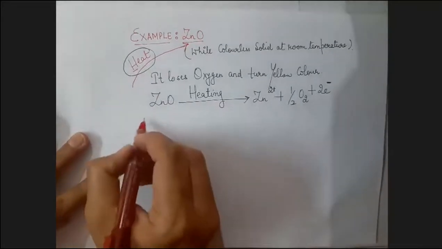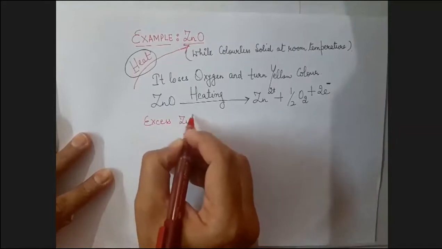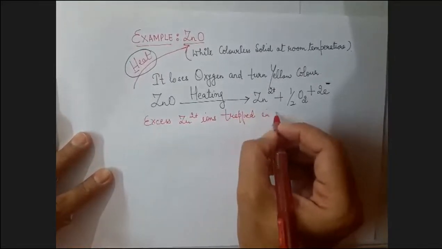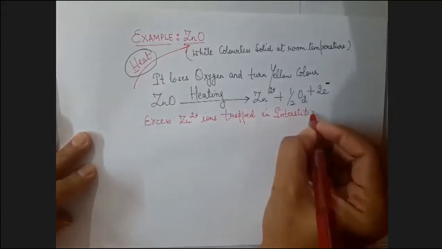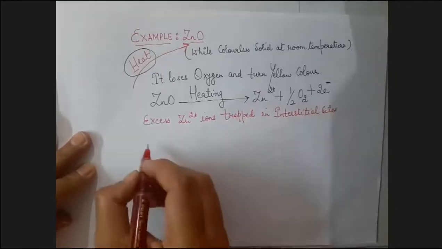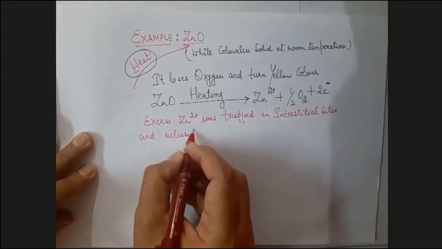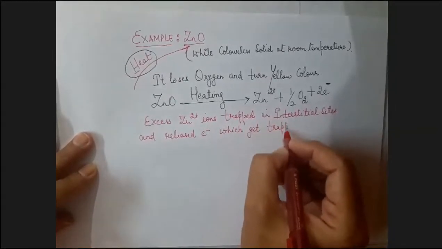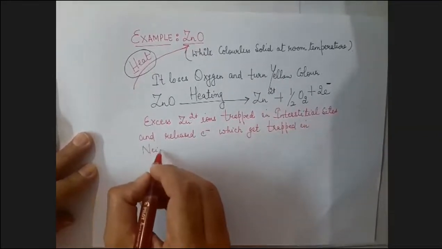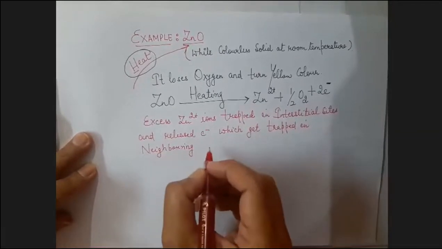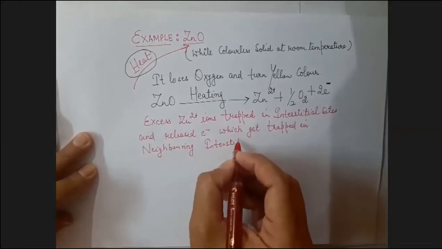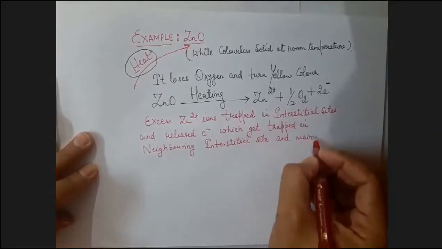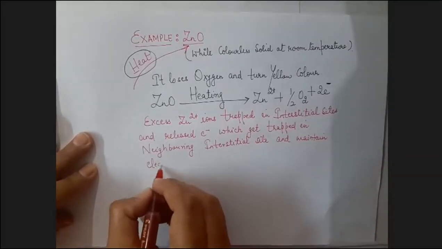Because in this case, excess Zn2+ ions are trapped in interstitial sites and released electrons get trapped in neighboring interstitial sites and maintain electrical neutrality.